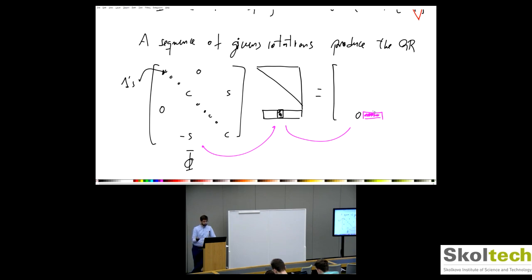Because we have just rotated them. And then this new upper triangular matrix is not exactly the same, right? There are still all these elements here that are also being modified.